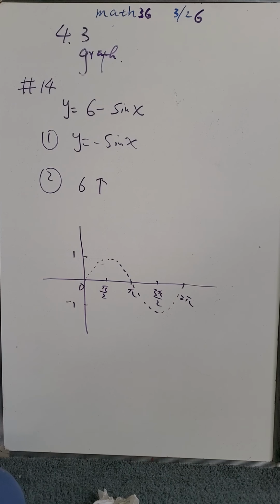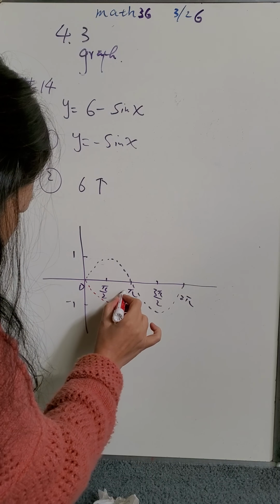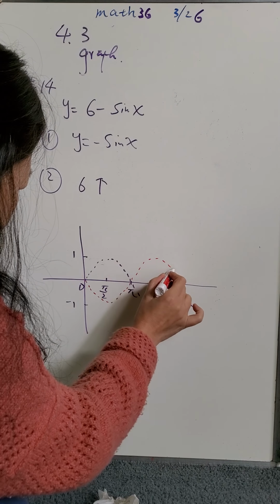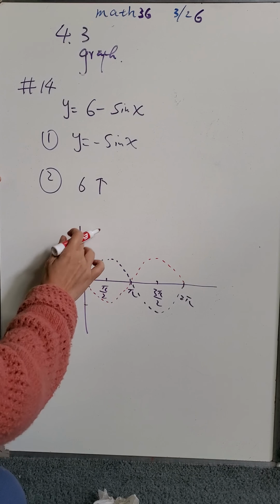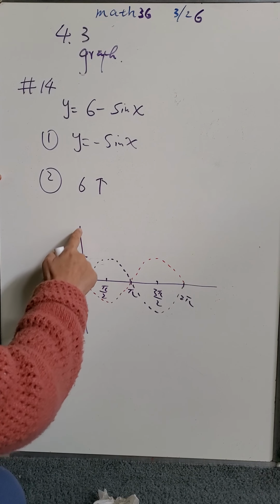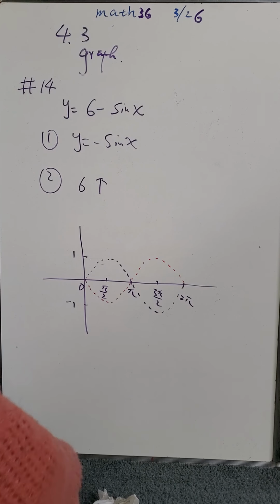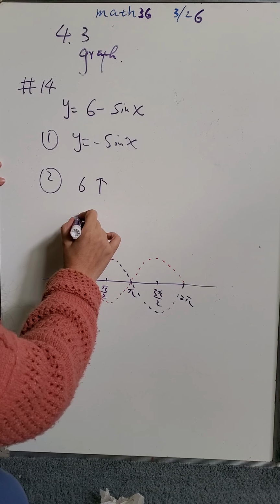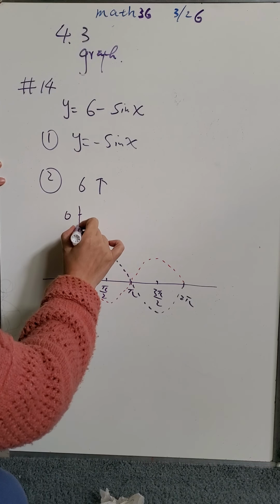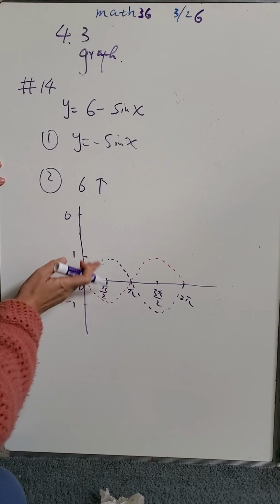So I'm going to do the red color for the reflection. And then 6 units up. This is a little bit too much. I didn't have a 6 scale here, so I'm just going to pretend this is my 6 here. And everything moves to 6. So this one also has to move to 6.